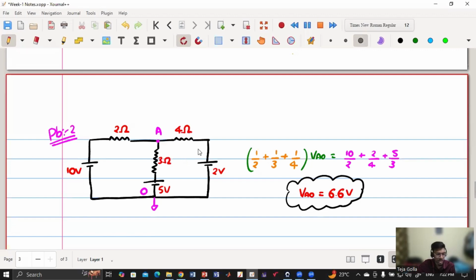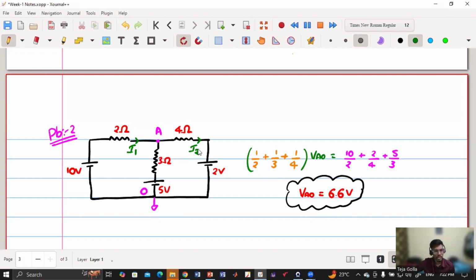So you can cross check I1 and I2. I1 is the current flowing here and I2 is the current flowing here. So I can calculate VAO and from there I1 and I2. Both methods have their own advantage. In this problem, we could choose nodal analysis because only one equation needs to be solved.